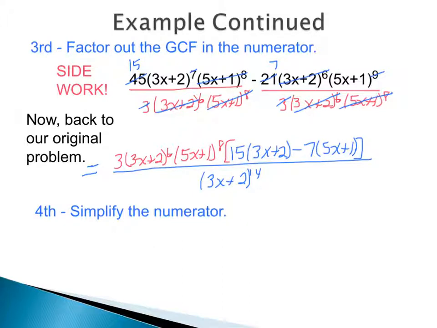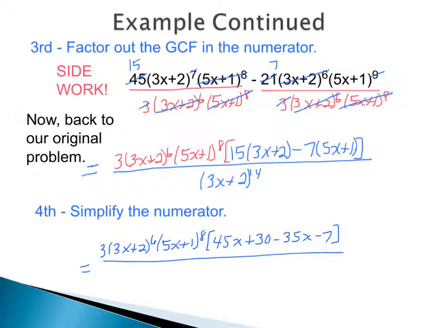So I'll start that here. We're going to keep the 3 times (3x plus 2) to the 6th and the (5x plus 1) to the 8th, but we're just simplifying inside the square brackets. So distributing the 15, we're going to get 45x plus 30. Distributing that negative 7 becomes a negative 35x minus 7, all over our denominator of (3x plus 2) to the 14th.